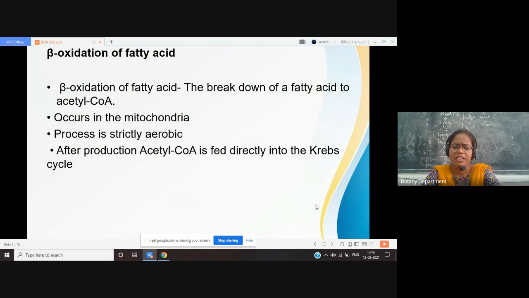That means it happens in the presence of oxygen. The conversion of fatty acid to acetyl CoA happens. Why we are learning this: the whole process involves the production of acetyl CoA, which is very important for our Krebs cycle.